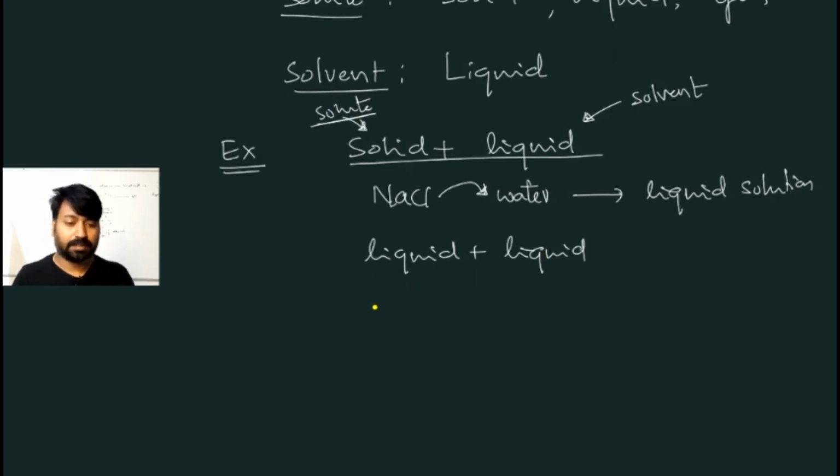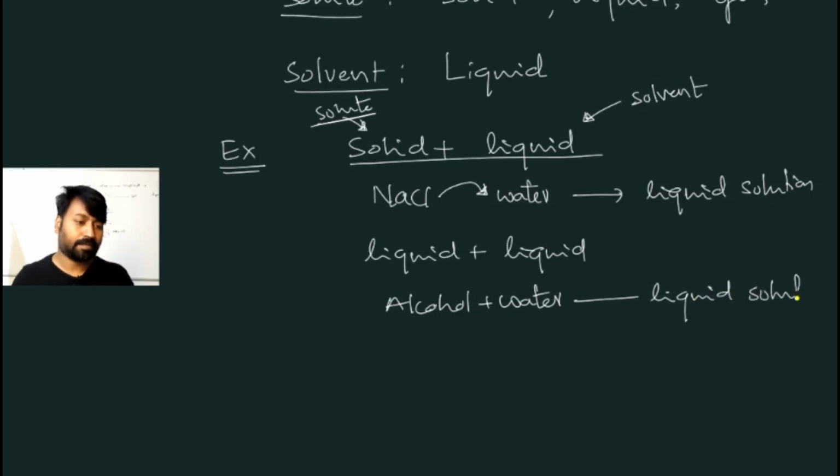Liquid dissolved in liquid means alcohol in water. Alcohol in water is a classic example. The result is a liquid solution. And there is one more example, gas dissolved in liquid. The gas should be in a smaller quantity, like oxygen gas, O2, in water.